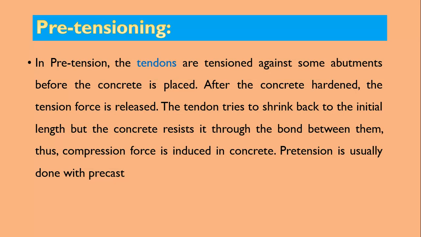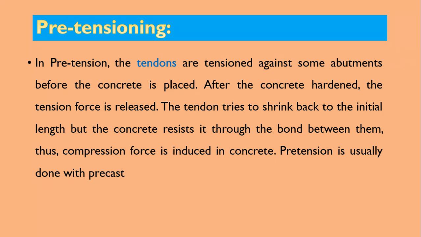So, in case of pre-tensioning, the tendons or the wires are tensioned against some abutments before the concrete is placed. Before placing of the concrete, the tendons are stretched and then concreting is done. After the concrete hardens, it achieves certain strength and the tension force is released.